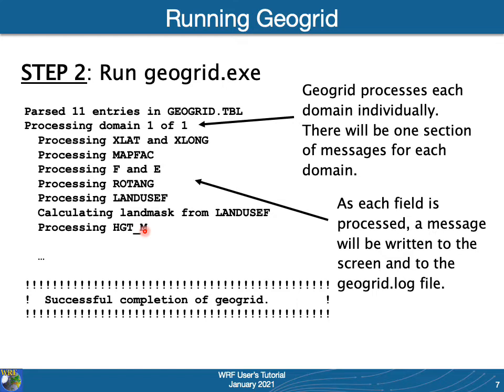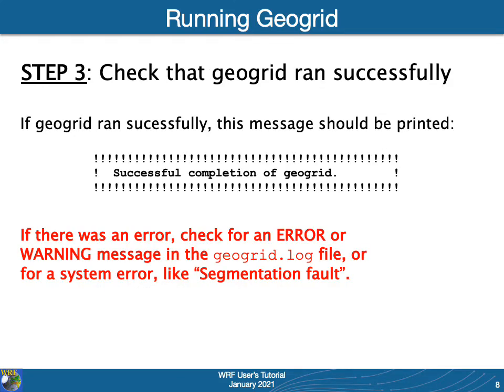After the Geogrid program finishes running, we should see a message that says successful completion of Geogrid printed to the terminal screen and also to the geogrid.log file. So it's always important to verify that the success message was printed to the terminal screen and to a log file. If not, it's usually an indication that something went wrong when the Geogrid program ran.